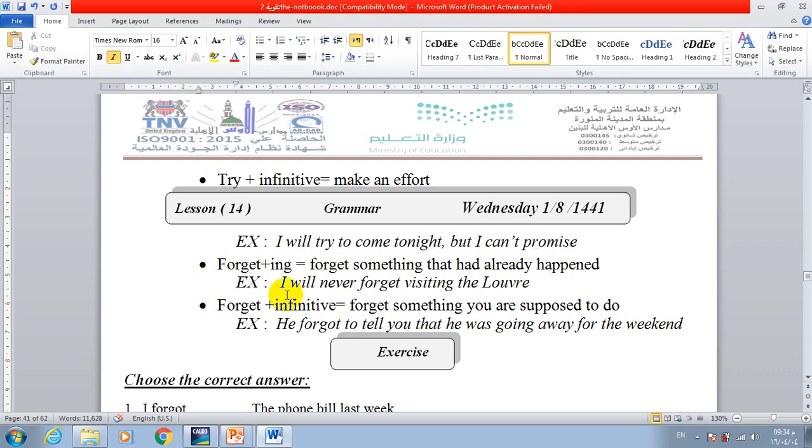Like the example, I will never forget visiting the Louvre. But if we say forget plus infinitive, it means forget something you are supposed to do. Like the example, he forgot to tell you that he was going away for the weekend.